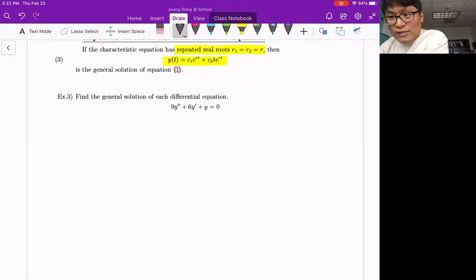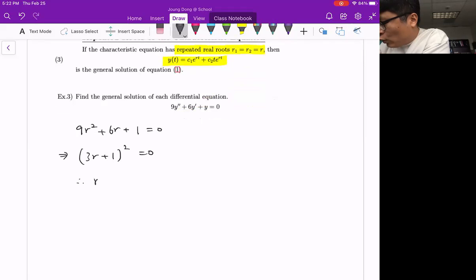Look at that. It is a homogeneous second order linear differential equation with constant coefficients. Then we start from the characteristic equation: 9r squared plus 6r plus 1 equals 0. That is a perfect square form, (3r plus 1) squared equals 0. So I have only one r, which is negative 1/3, a repeated root.